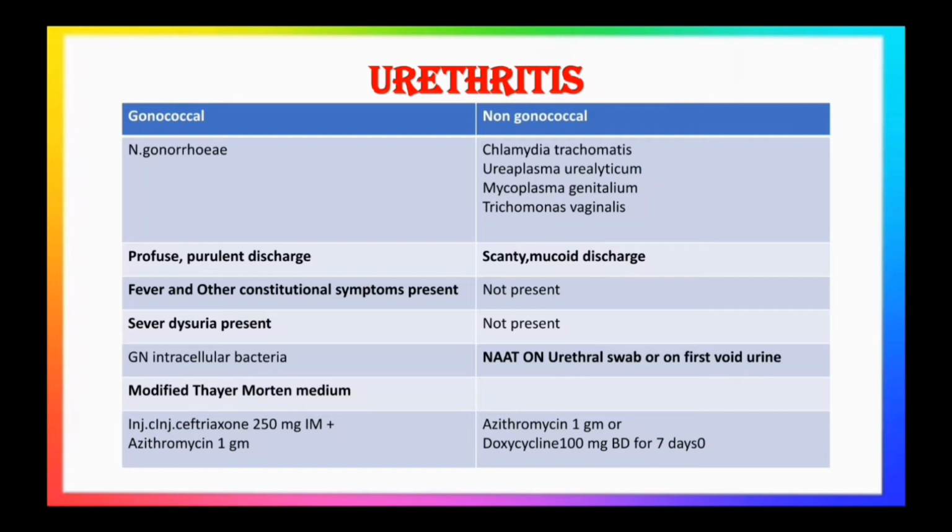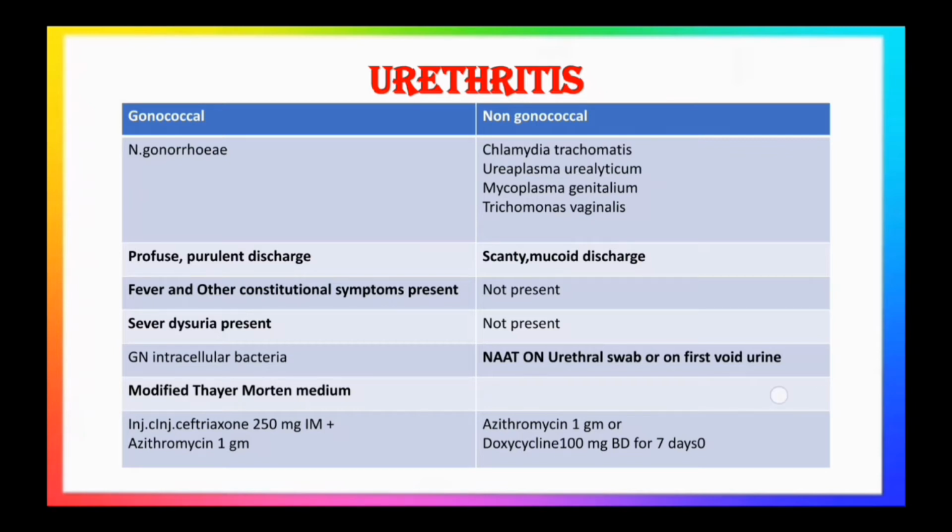You can culture gonococci in modified Thayer-Martin medium, and the treatment in gonococcal urethritis is injection ceftriaxone 250 mg IM plus azithromycin 1 gram. In the non-gonococcal variety, we give azithromycin 1 gram or doxycycline 100 mg BD for 7 days.